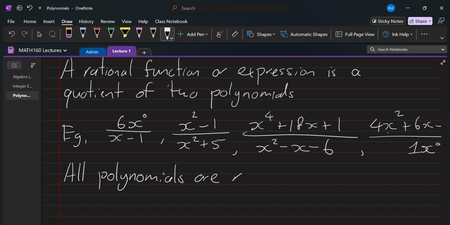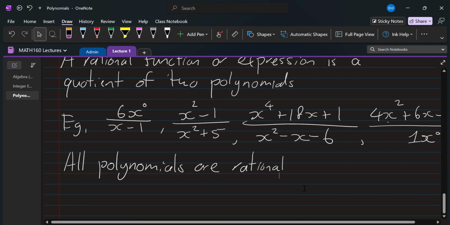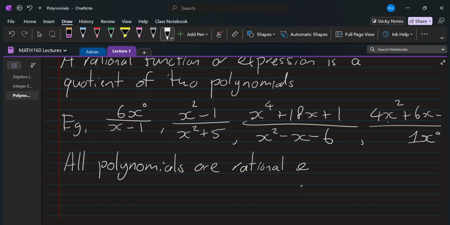It's a rational function. And then the last one, 4x squared plus 6x minus 10 over 1. We've got a polynomial at the top and a polynomial at the bottom. Remember, 1, we could just write as 1 x to the 0. It's a 0th order polynomial.